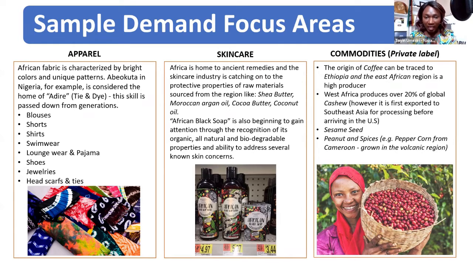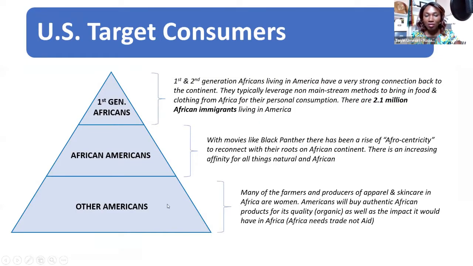Skincare. This is a picture of African soap. I actually took that picture myself in a store. I won't say the store, but you can tell the store from the label, okay? Look at the prices. And look at the label. It says African black soap. Remember this slide, it's gone to the other Americans.